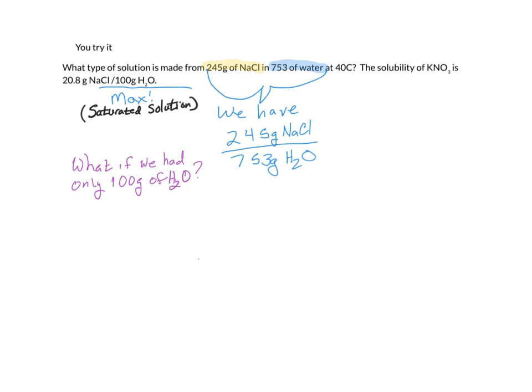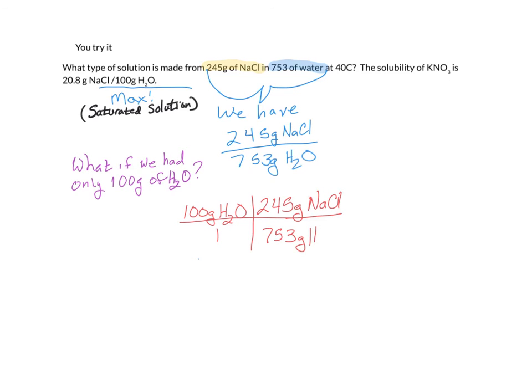Well, what we do is we assume that we have 100 grams of water, and we look at the ratio that we really have, the 245 grams of sodium chloride in 753 grams of water, and we use that ratio to see how many grams that would be if we only had 100 grams of water.